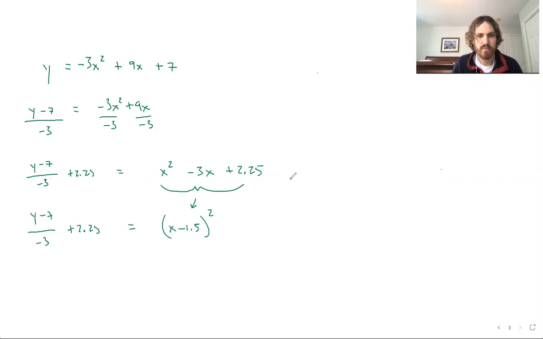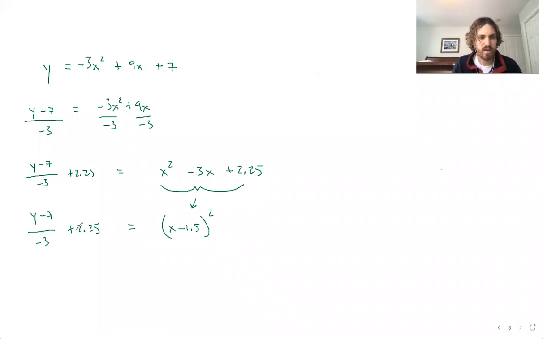This is a perfect square trinomial, which factors to this. If I were to multiply this binomial squared out, I would get that perfect square trinomial. So they are in fact equal, right? This is just an algebraic manipulation. They are equal in all their differences, just like we hope to be in the world.